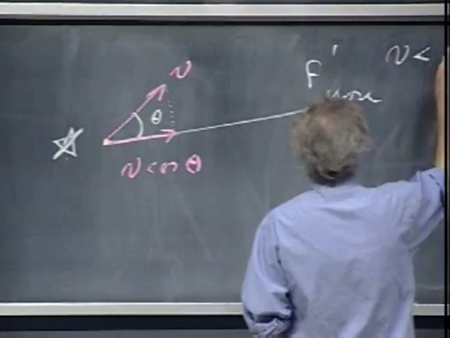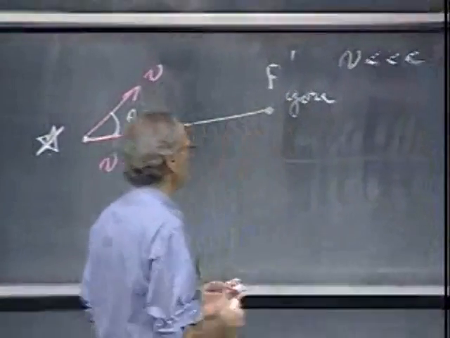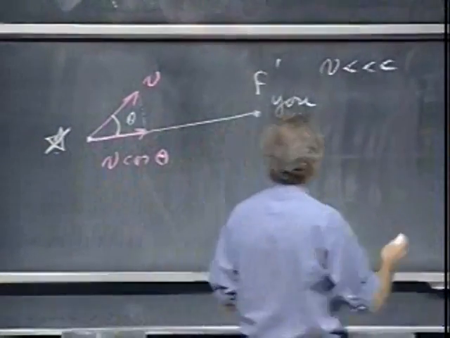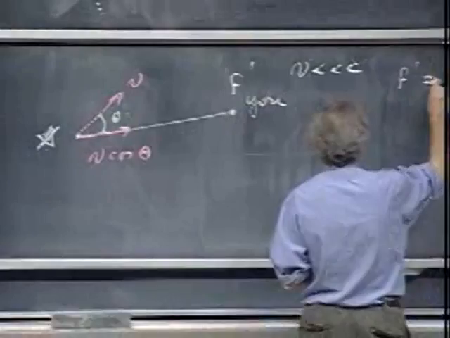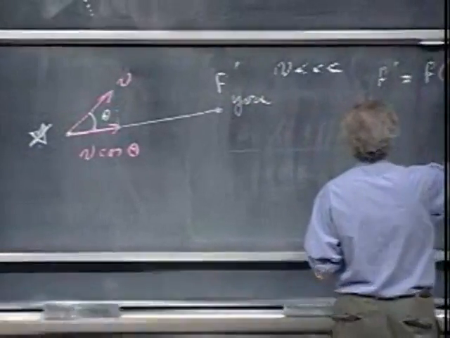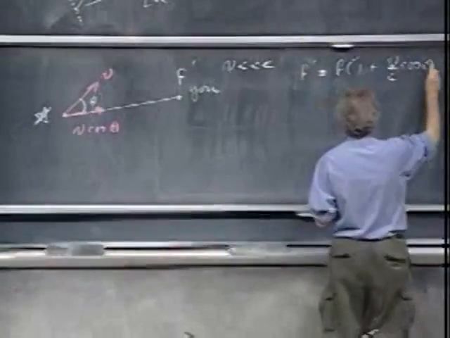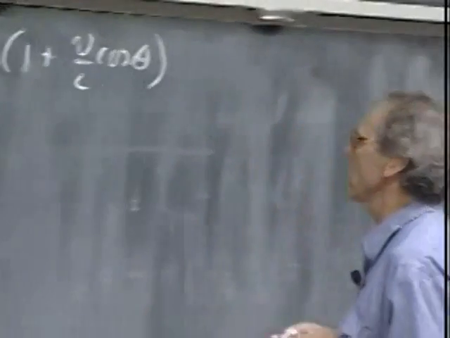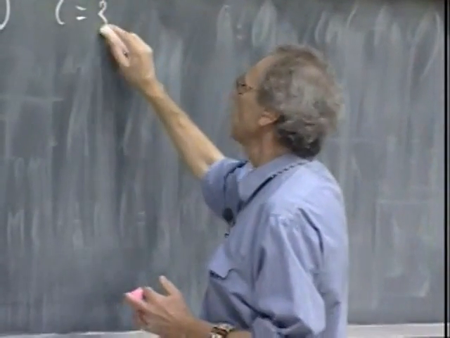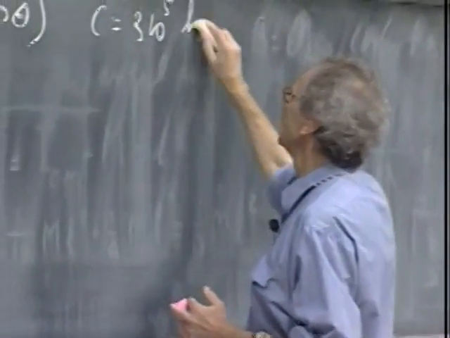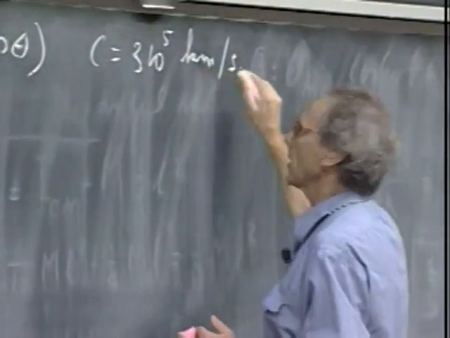If the velocity of the star is much, much smaller than c, then f prime, the one that you will receive, equals f times 1 plus v over c times the cosine of theta. This equation is on your exam. c is 3 times 10 to the 5th kilometers per second.